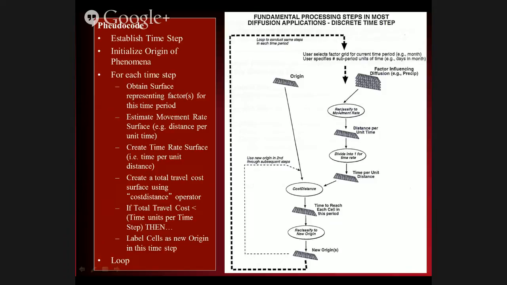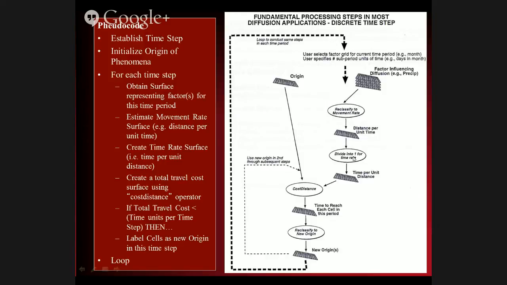Okay. The next thing is that that movement rate is just turned into distance per unit time. Well, that's the movement rate. It's turned into time per unit distance. So this is where the formula is that takes the factors, turns them into distance per unit time.